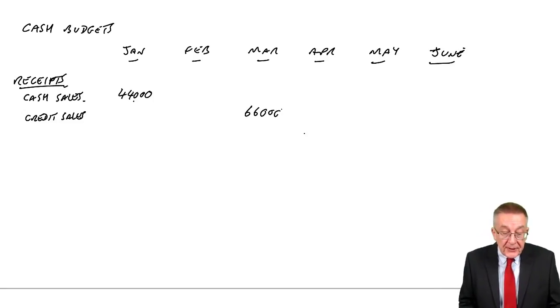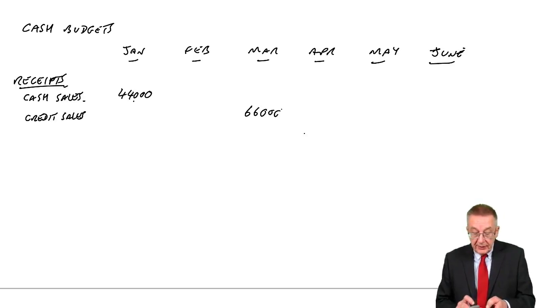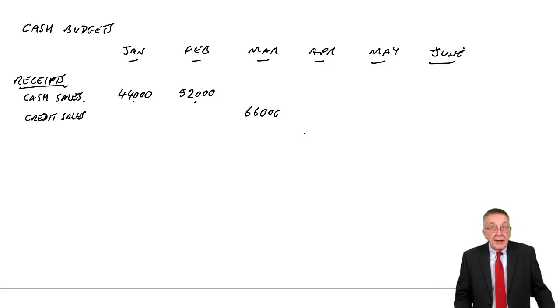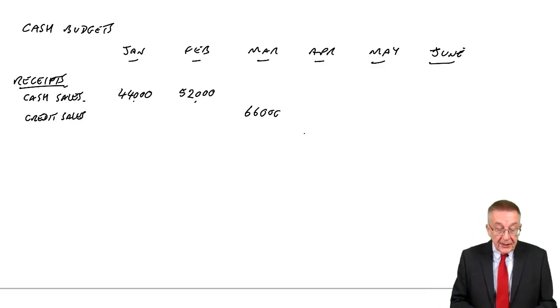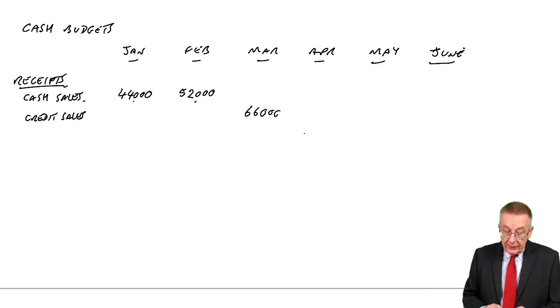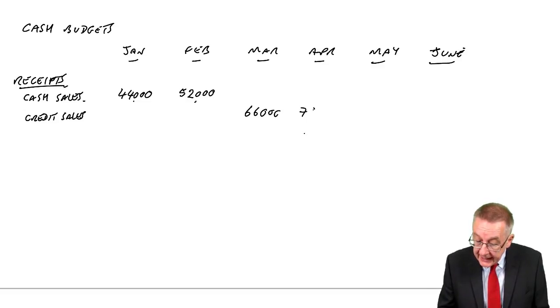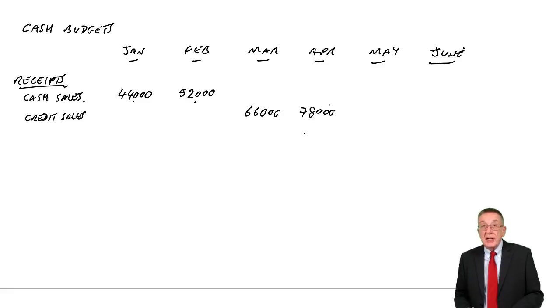Similarly, February sales, 130, 40% are cash, so 40% of 130 is 52,000. Sell in February, get the cash in February, but the other 60% will be 2 months later. 130 times 60% is 78,000. Sold in February, 2 months later we get the cash in March.